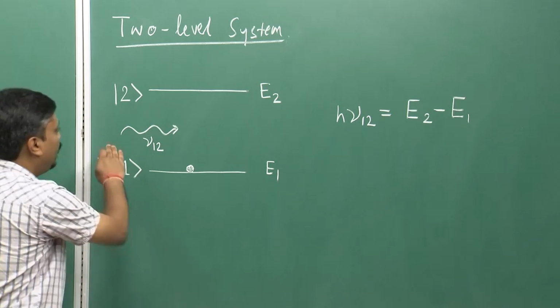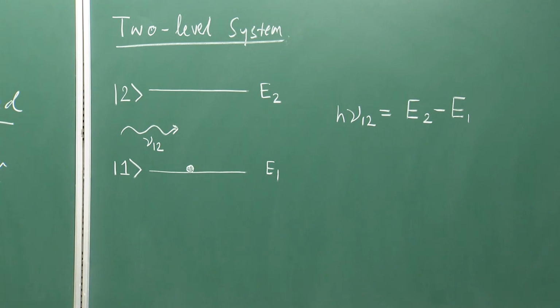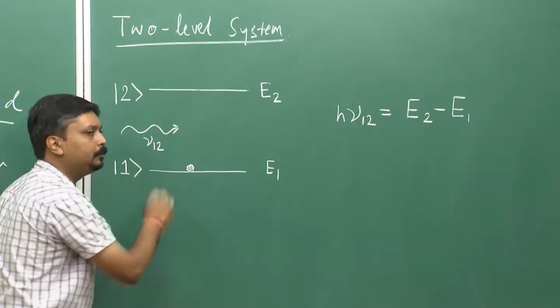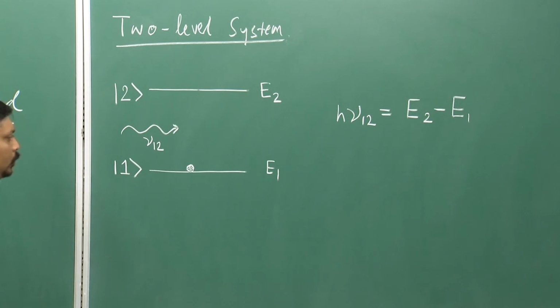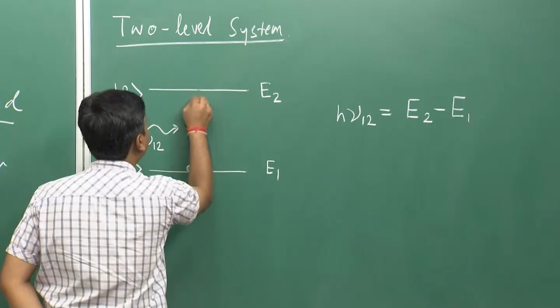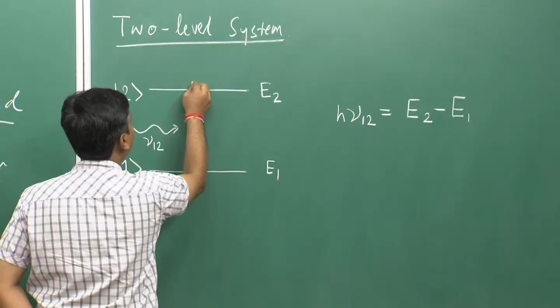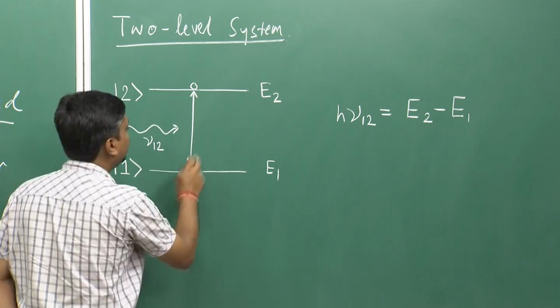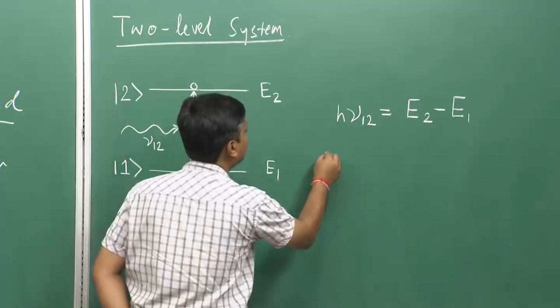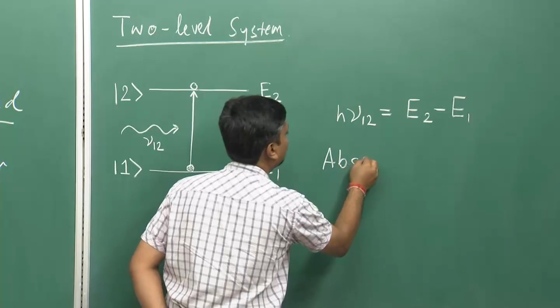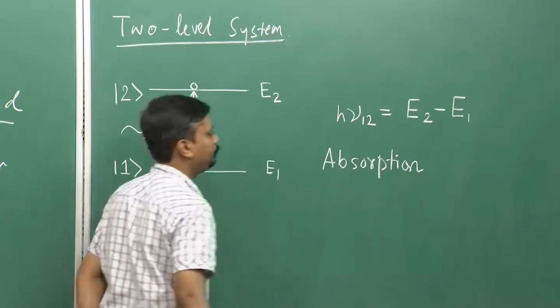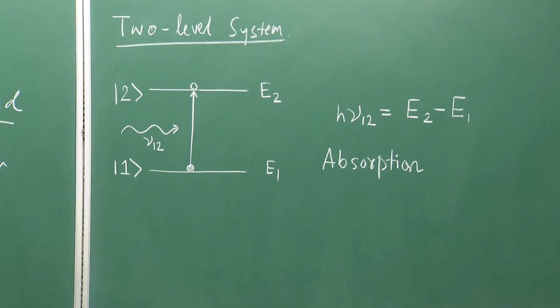So, I am bringing a light with a frequency nu 1 2 such that h nu 1 2 matches the gap between the energy levels 1 and 2. What will happen? This atom will now be excited. From the ground state, it will make a transition to this state. This process is known as absorption of light, or in short we call it absorption.